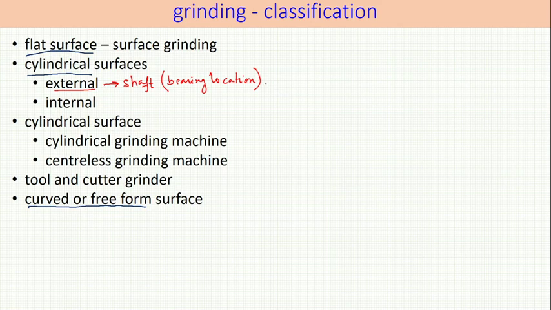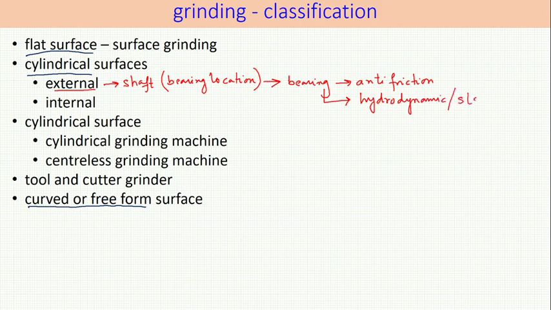Bearing location does not mean only that they will accommodate a bearing, which could be anti-friction bearing like ball bearing or needle bearing or cylindrical bearing, or it could be a hydrodynamic or hydrostatic bearing.